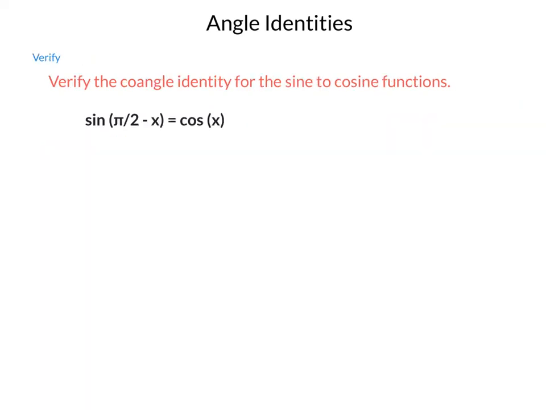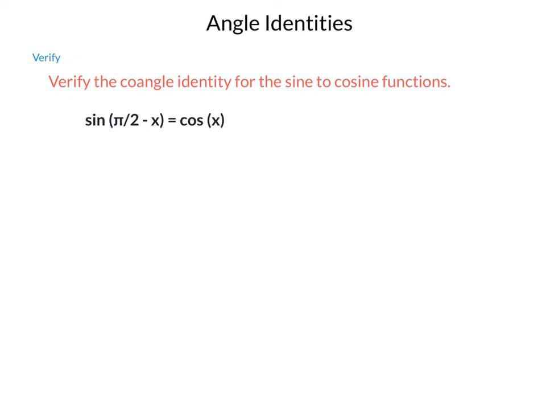So we want to verify the coangle identity for sine to cosine functions. In other words, if I start out with sine of pi over 2 minus x, how can I show that that is the cosine of x? Okay, so for this one, if you notice, this is a subtraction or an angle difference identity.